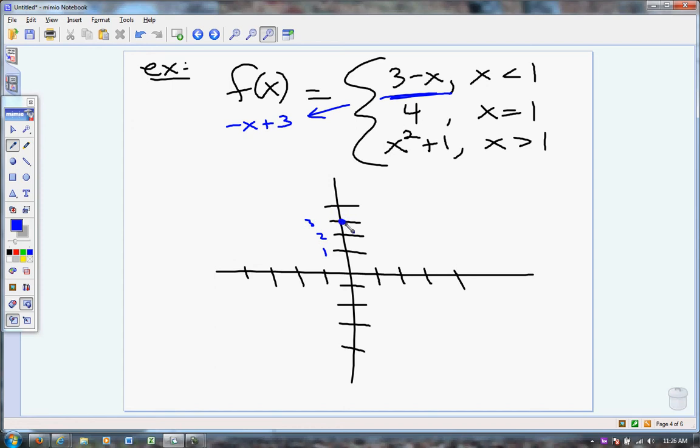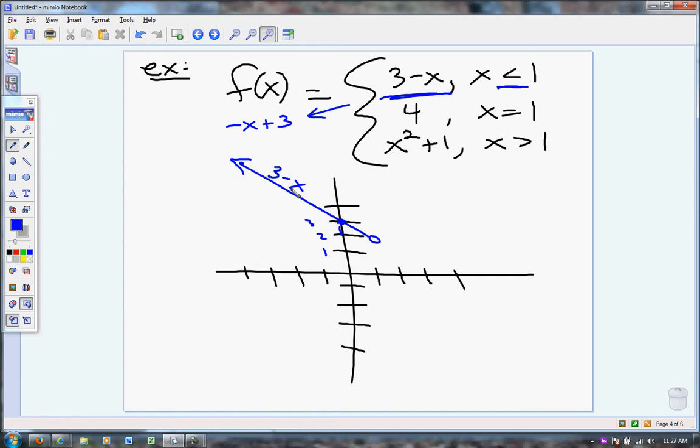Put my dot. And it has a slope of negative 1. So it's going to go down 1 over 1. Now, it says less than 1. So this is going to be an open circle, and I'm going to draw my line that way. So it is that function. Here's 3 minus x when x is less than 1.